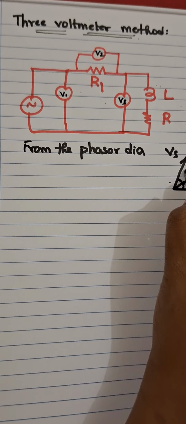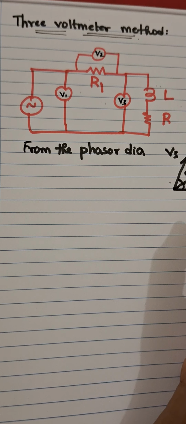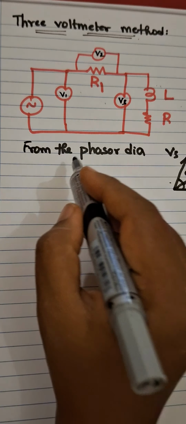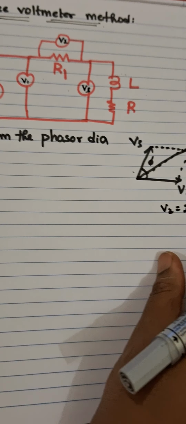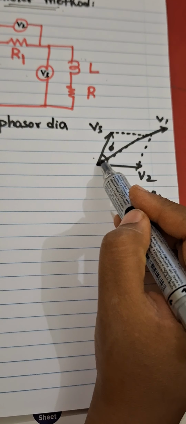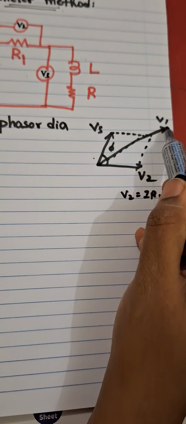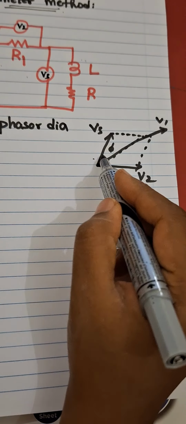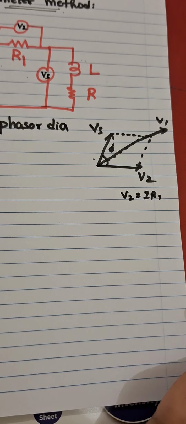From here the phi value is calculated and we said V2 is equal to I R1, isn't it? So the same thing we are going to use here. We use the phasor diagram like this: V2 and V3 have a resultant of V1, where V2 is I R1 which has a cos phi value.